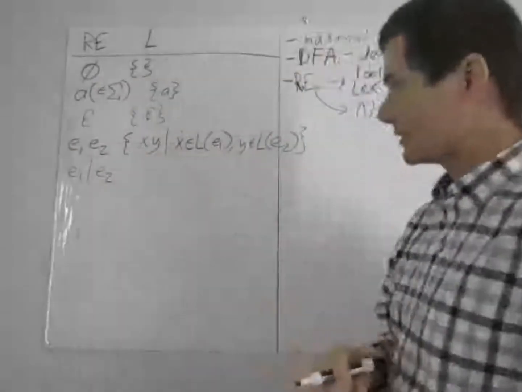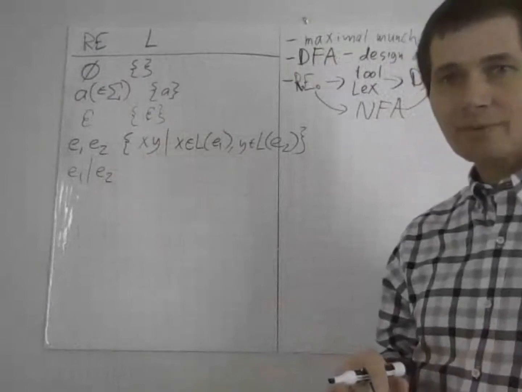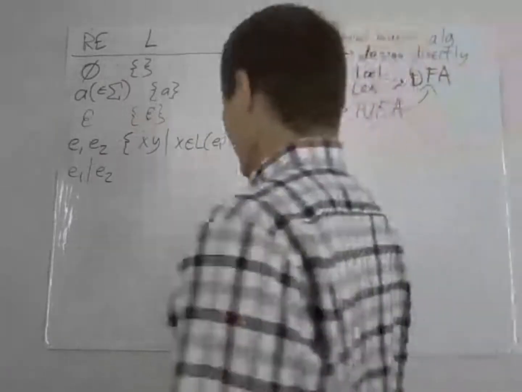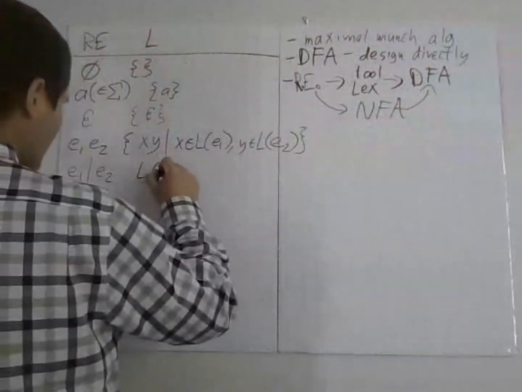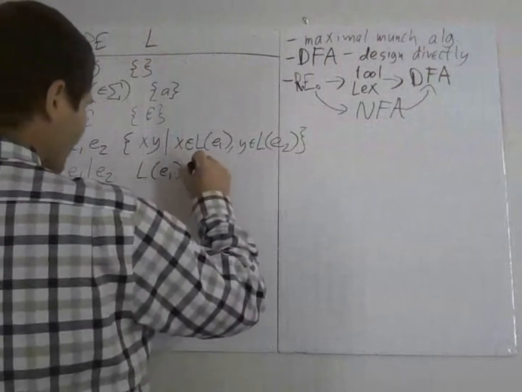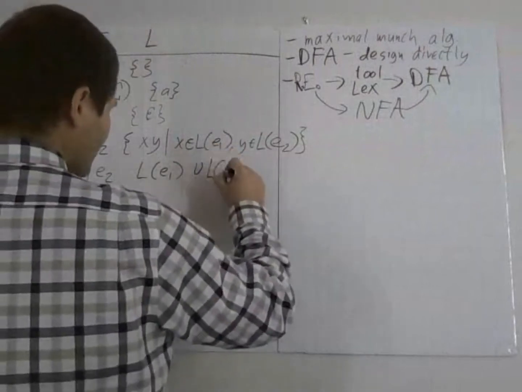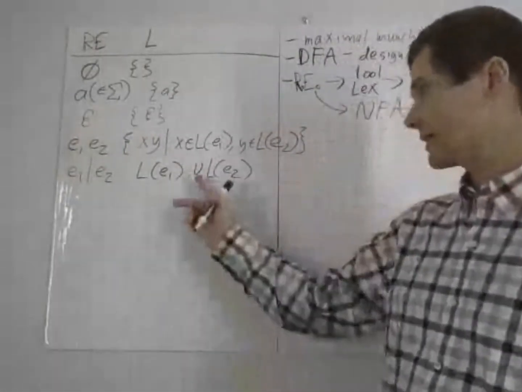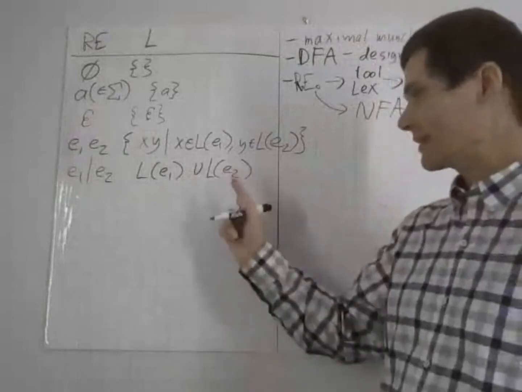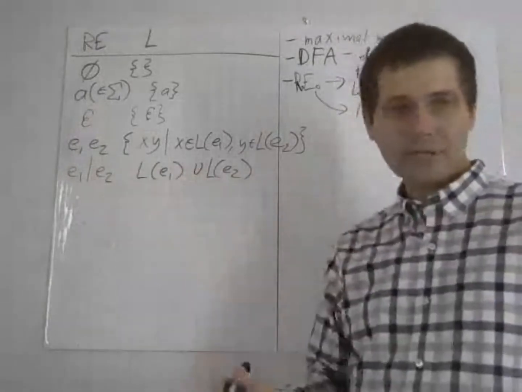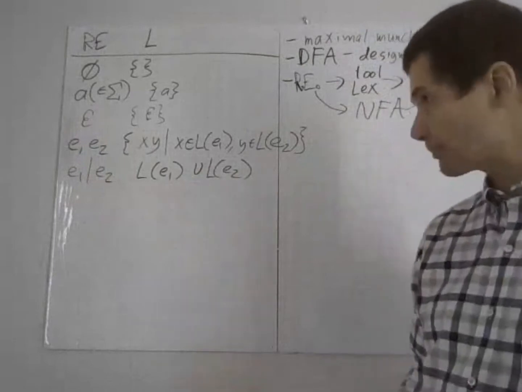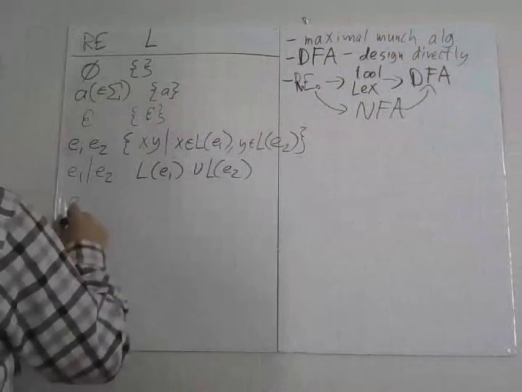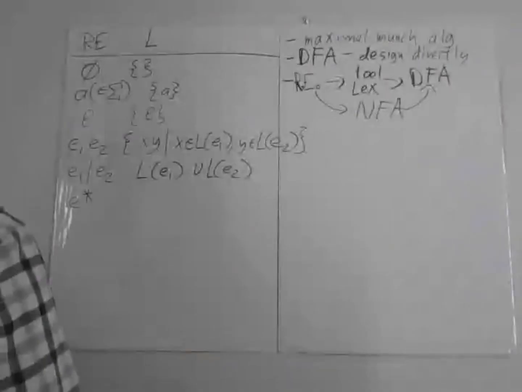So another way I can build a bigger regular expression is with disjunction, or, and it's usually written as a vertical bar. And so the meaning of this regular expression is I take the language of E1, that's a set of words, and the language of E2, that's a set of words as well, and I take the union of those 2 sets, and that becomes the meaning of this regular expression. And finally, there's one more constructor, or one more kind of regular expression, and that's the Kleene star.